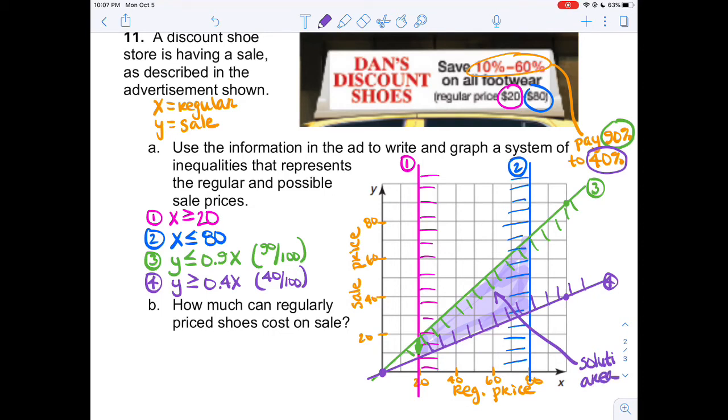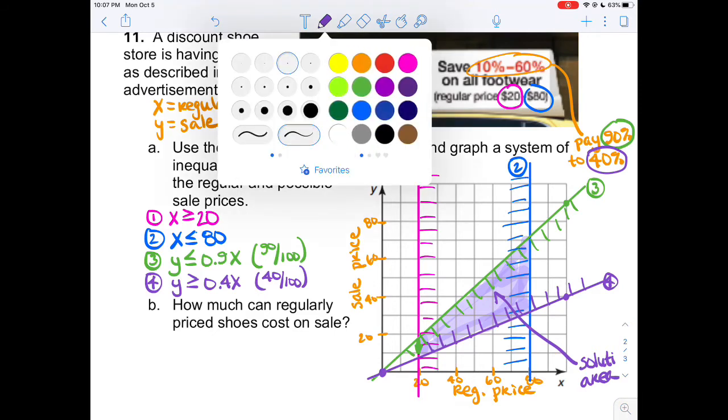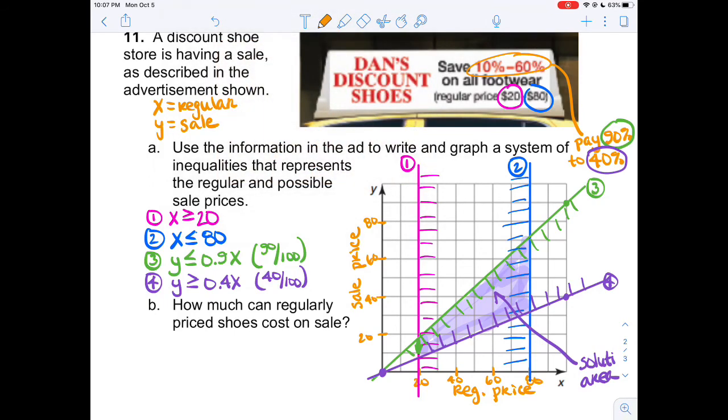All right, so part B says how much can regularly priced shoes cost on sale? So that's just really asking us to pick one sample point. If we pick a random regularly priced shoe, what could the sale price be? So let's just pick some point that's in the shaded region.